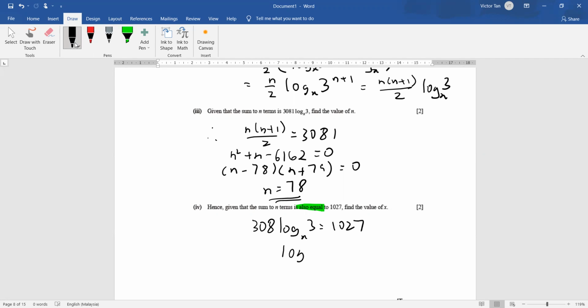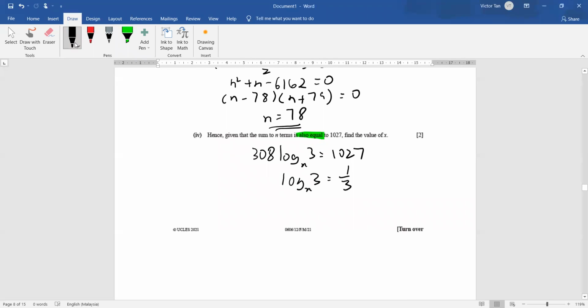So log x3 equals 1 over 3. Oh, let's not do it this way.